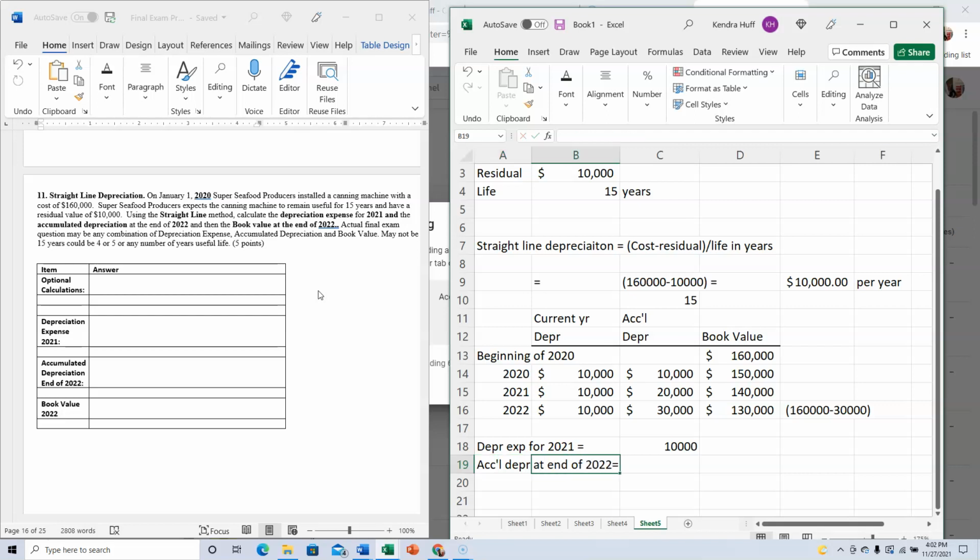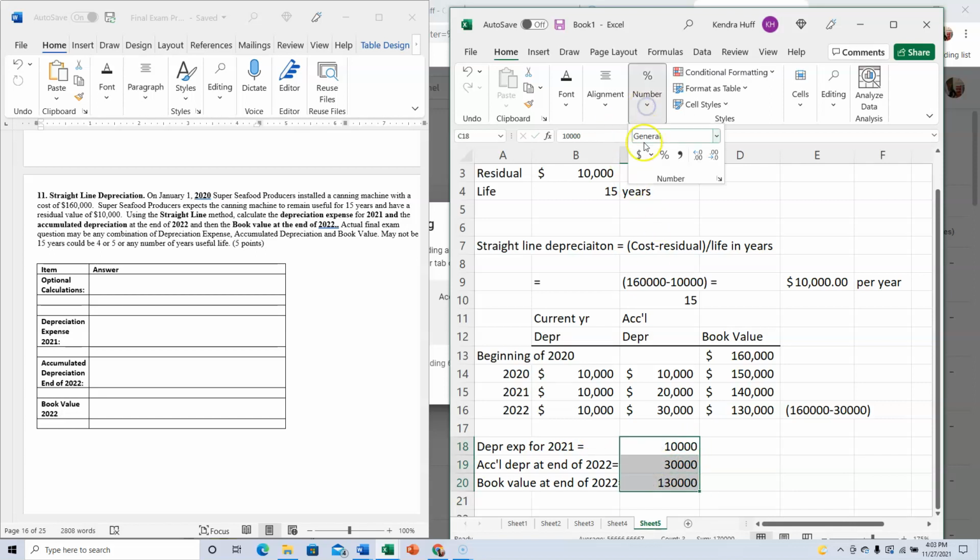Three years have gone by, so that's 30,000. And then book value at the end of 22 is $130,000. And that is it. So this is your answer for that one.